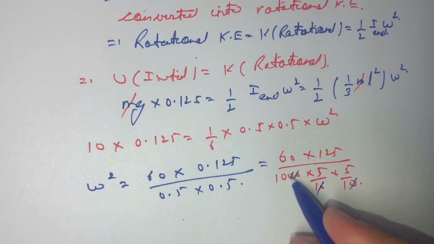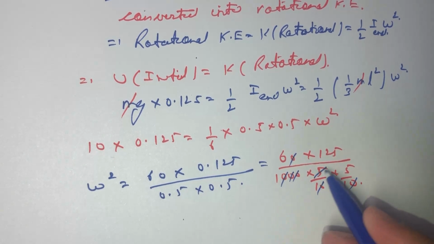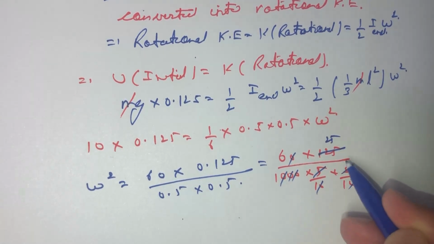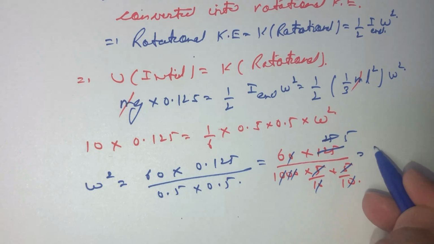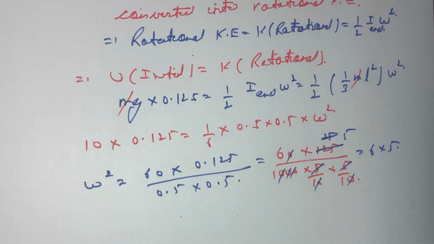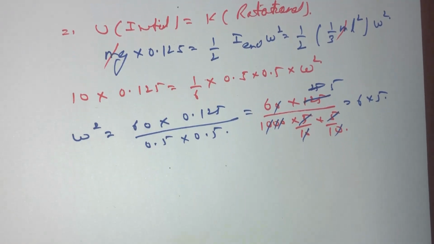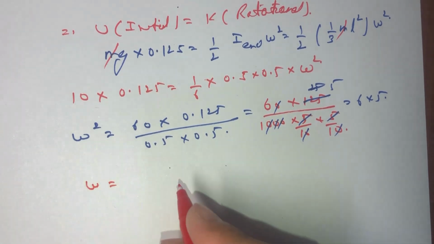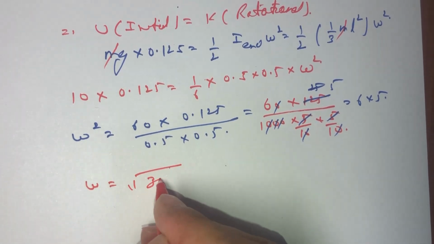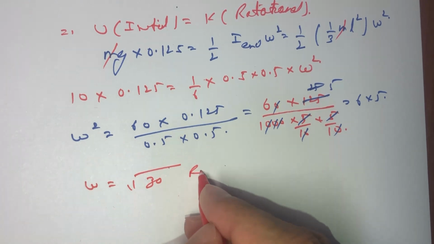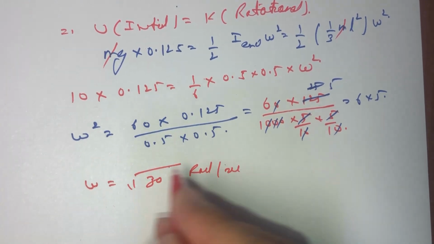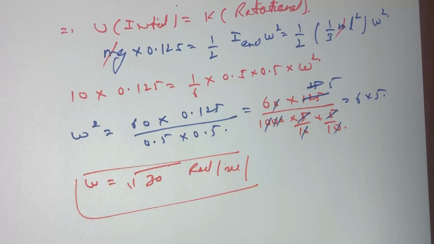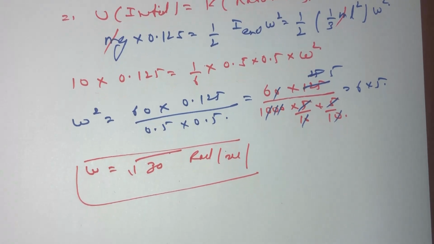The zeros cancel, and this comes as 25 and this goes by 5. So this will be 6 into 5. Therefore the angular velocity omega will be equal to square root of 30 radian per second.